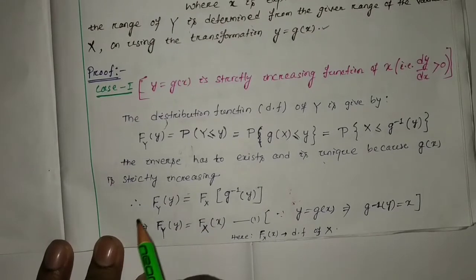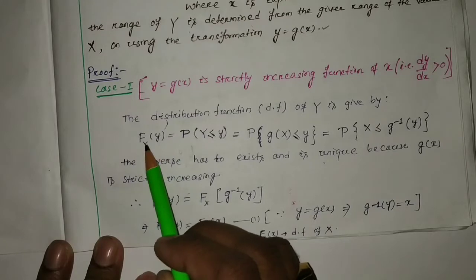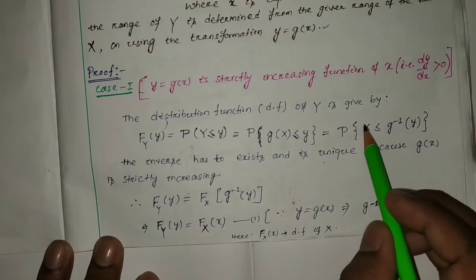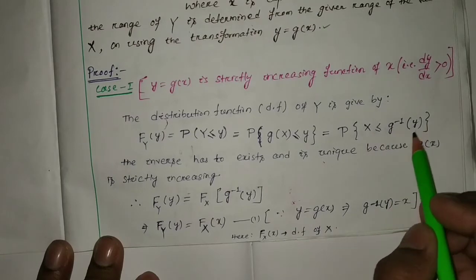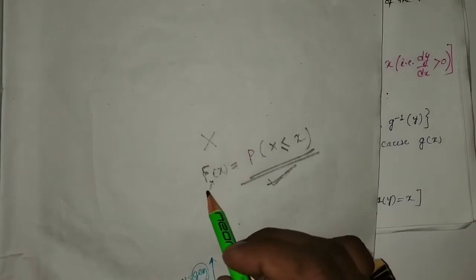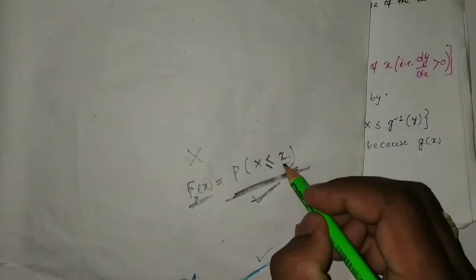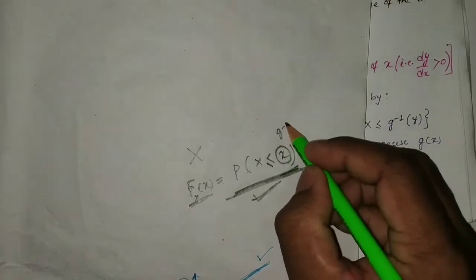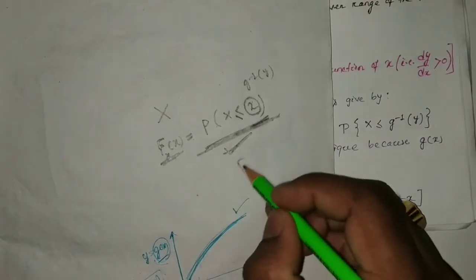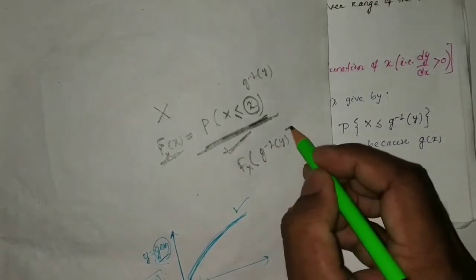Therefore F_Y(y), the distribution function, can be written as the probability of capital X less than or equal to this value. As I told you, any distribution function can be written in this form. So if instead of x I write g inverse of y, this will be F_X(g inverse of y).